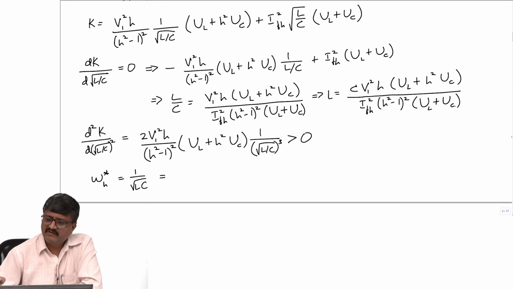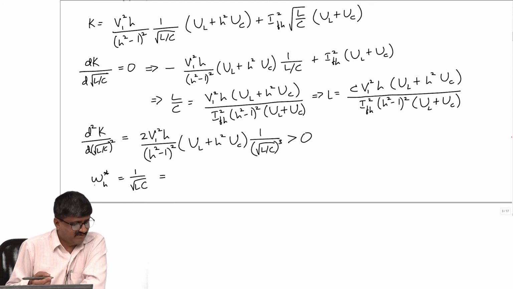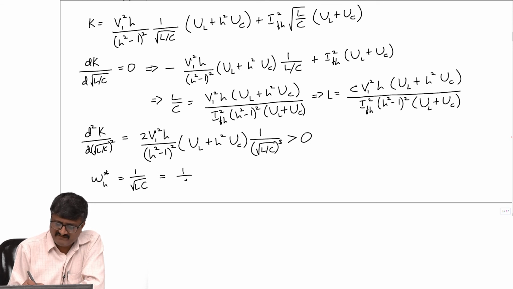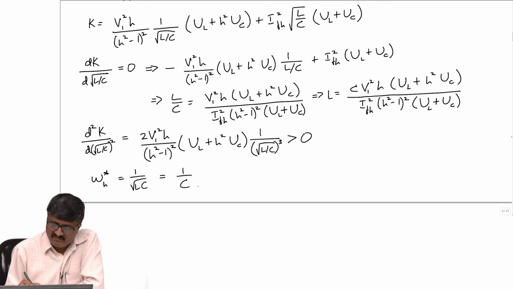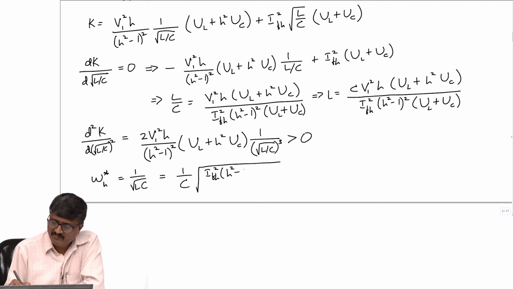I use this expression and substitute it in the expression for omega H star. So, what do I get? 1 by C into the square root of I of H square into (H square minus 1) whole square into (UL plus UC) divided by V1 square H into (UL plus H square UC).